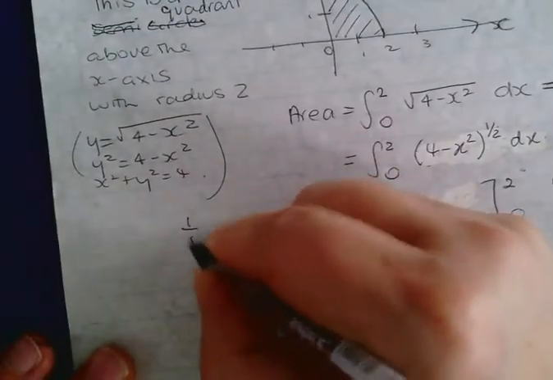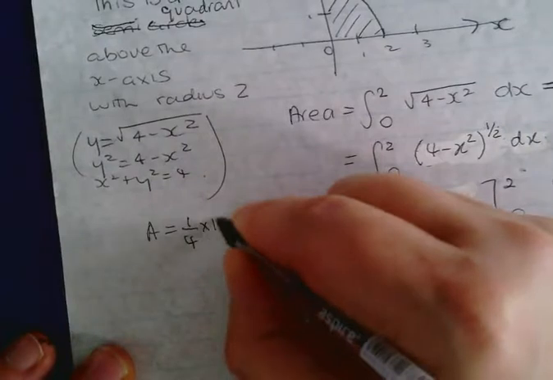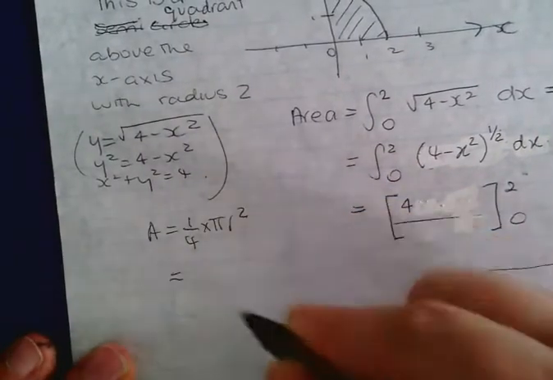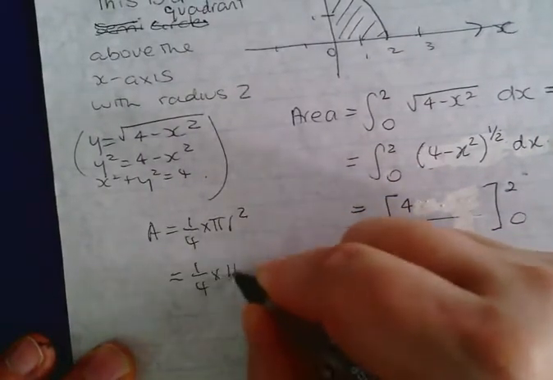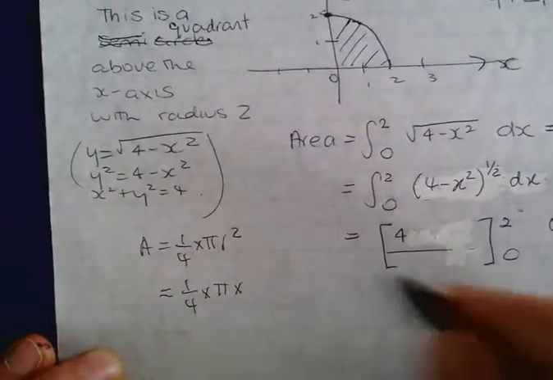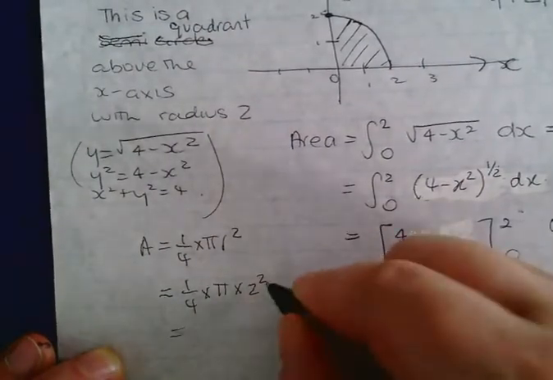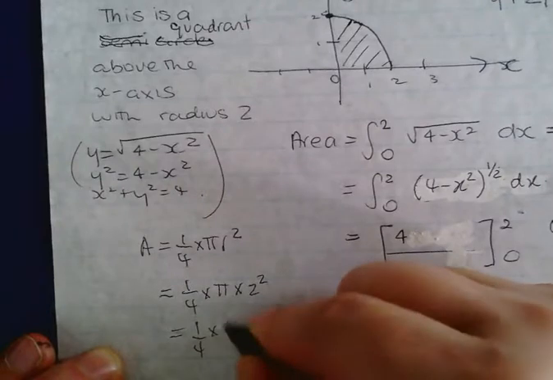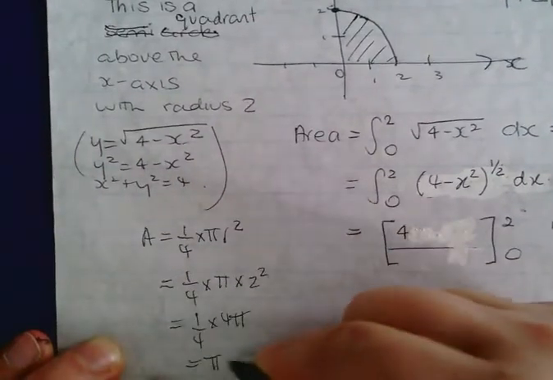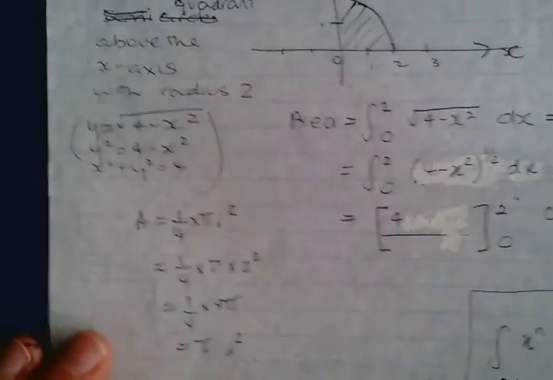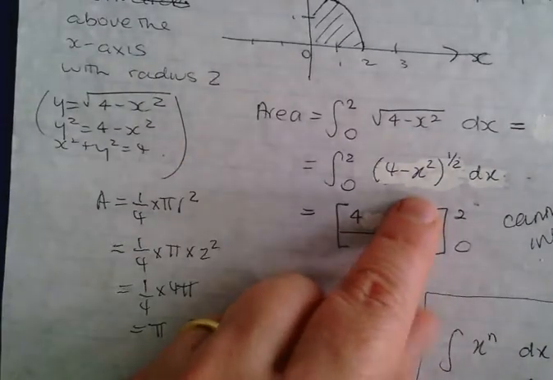Isn't it just a quarter of pi r squared is the area? A quarter of pi times, what's the radius? So the 2's cancel, a quarter of 4 pi units squared. You cannot integrate this, please.